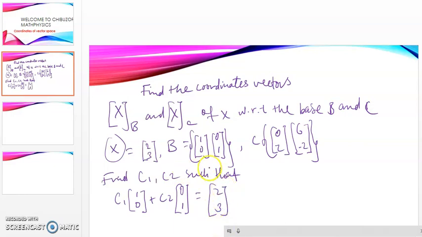Good. So from here we are simply required to compute.